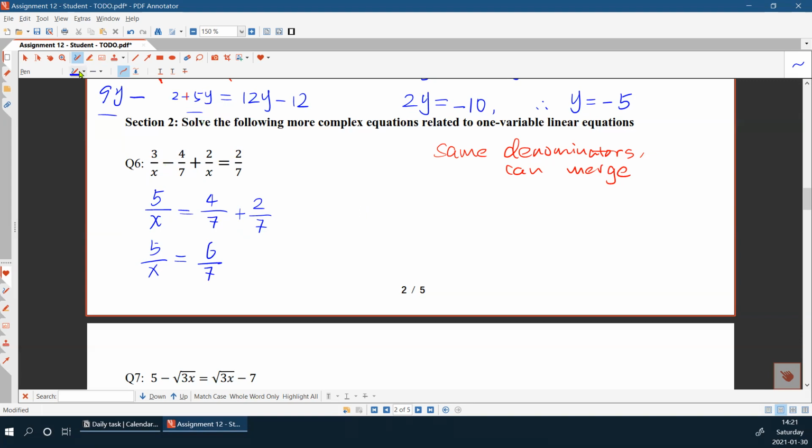Okay, and next, by using the cross multiplication method, we'll have 6x equals 5 by 7, right? And then x is, of course, 35 by 6.